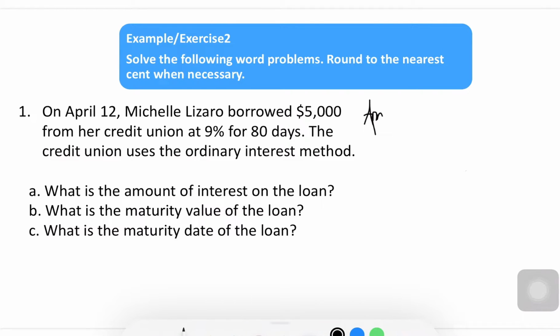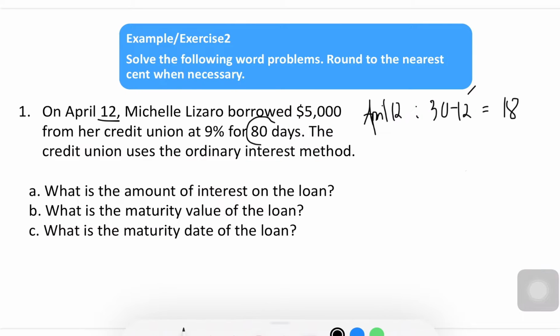In the month of April, how many days will remain, since 12 days are finished? April has 30 days, so we have 30 minus 12. So we have 18 days remaining for the month of April.